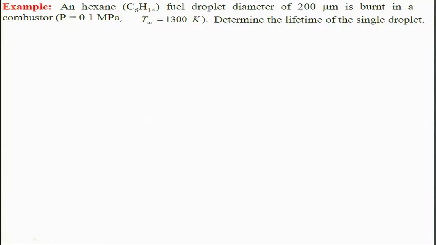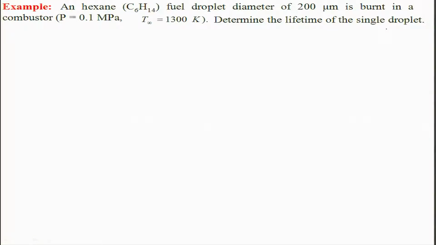A hexane C16H14 droplet of diameter 200 micron is burnt in a combustor at, let us say, 1 atmosphere pressure and T infinity 1300 Kelvin. Determine the lifetime of the single droplet.